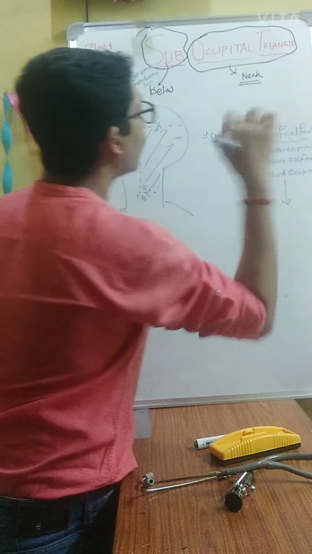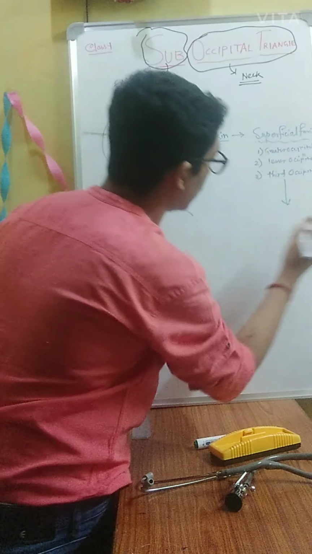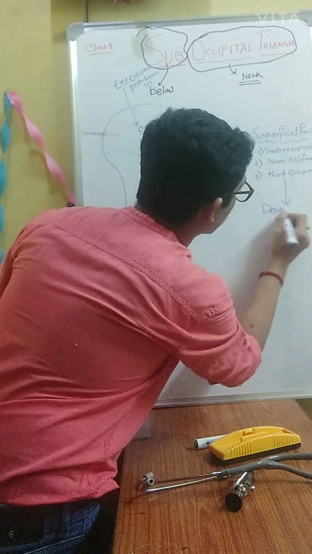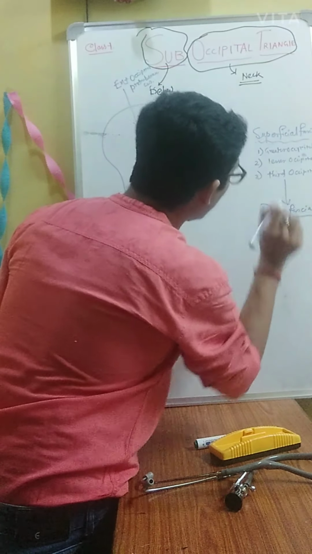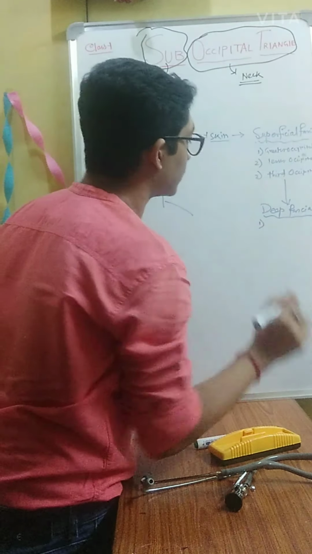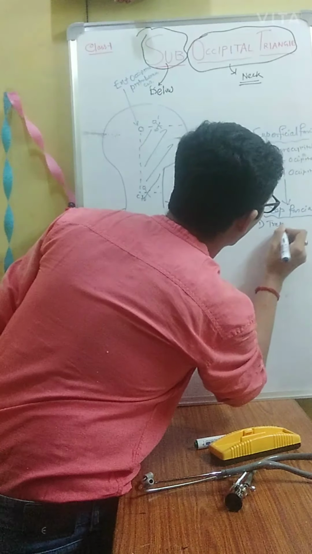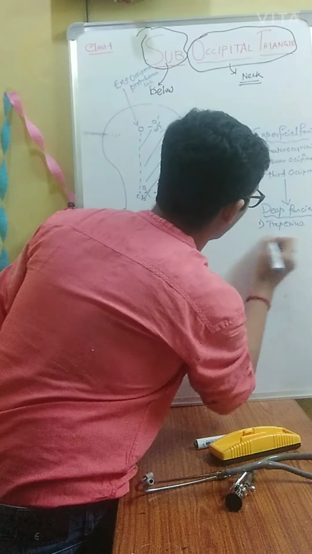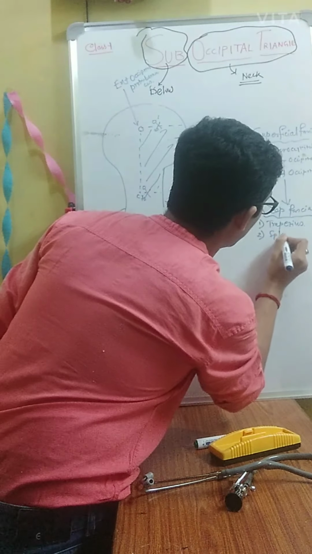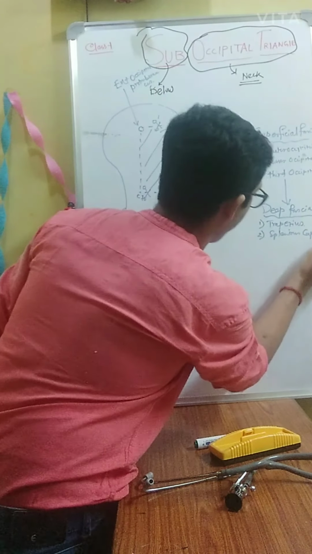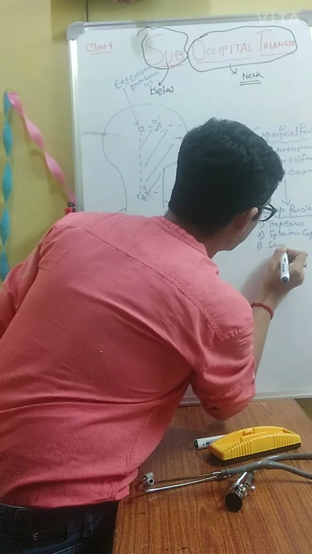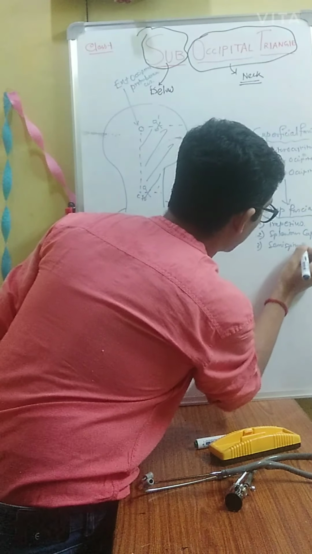Next, after the superficial fascia, you will find the deep fascia, the other name is fascia colli. In the fascia colli, you will have three muscles. What are these muscles? Trapezius, splenius capitis, and semispinalis capitis.